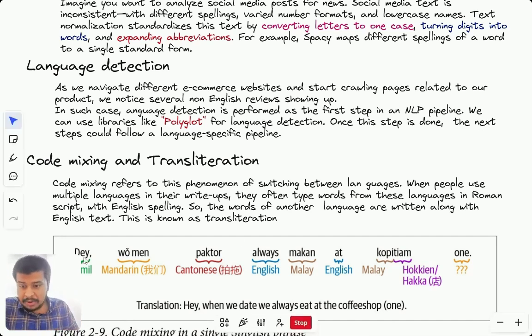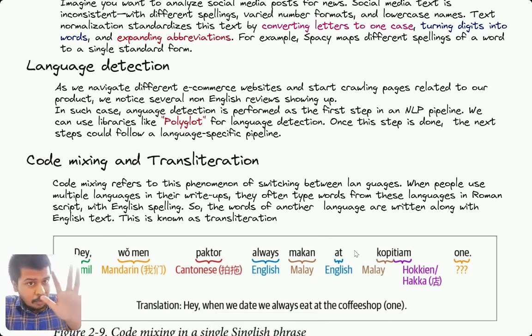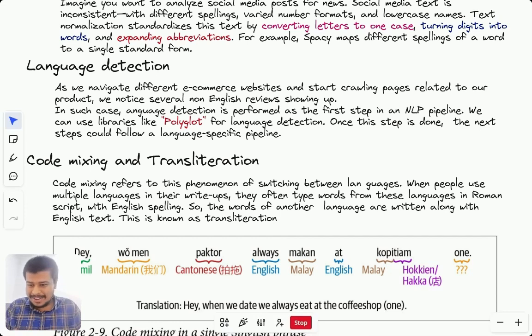It could be Tamil, or Mandarin, or Cantonese, or Malay, or Hokkien, or Hakka. They transliterate, pronounce or write all of these languages in English itself, and within a sentence itself there could be text from many languages. So this is an exact, proper example.